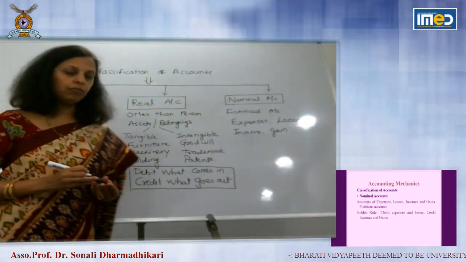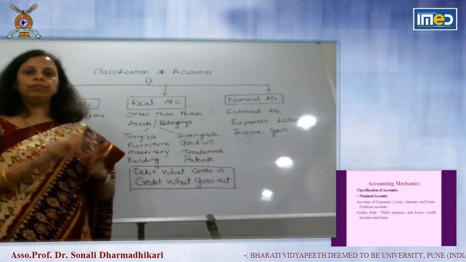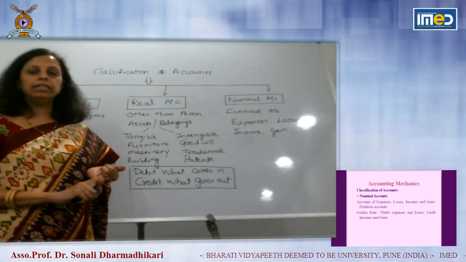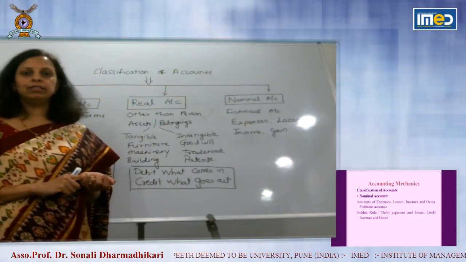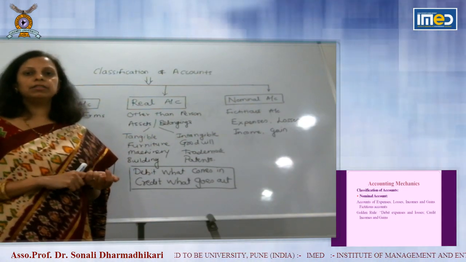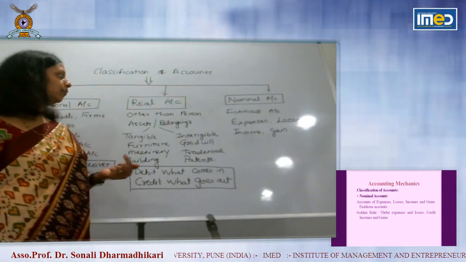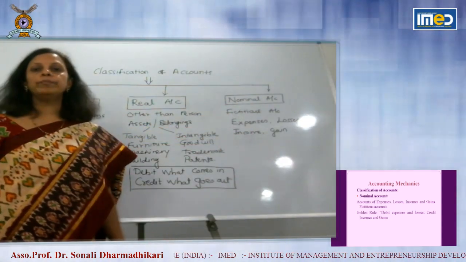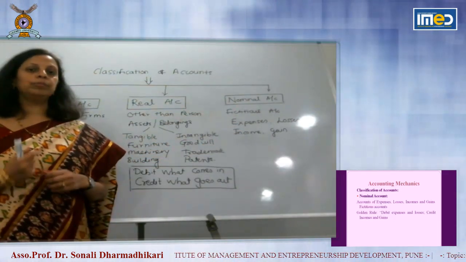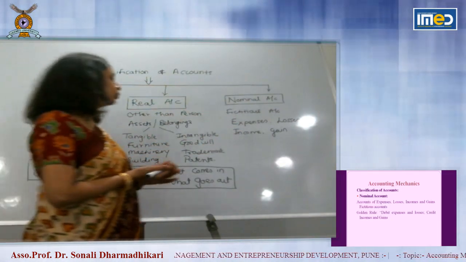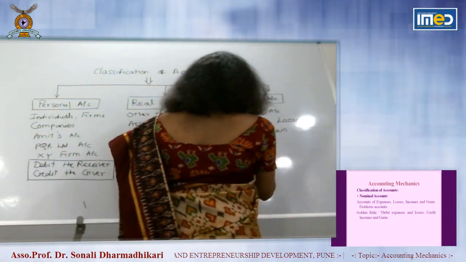which are created for the business, all types of expenses incurred by the business, all types of incomes received by the business, gains made by the business, and losses incurred by the business come under nominal account. They are fictitious, they are created for the purpose of accounting. So, for example, rent account.